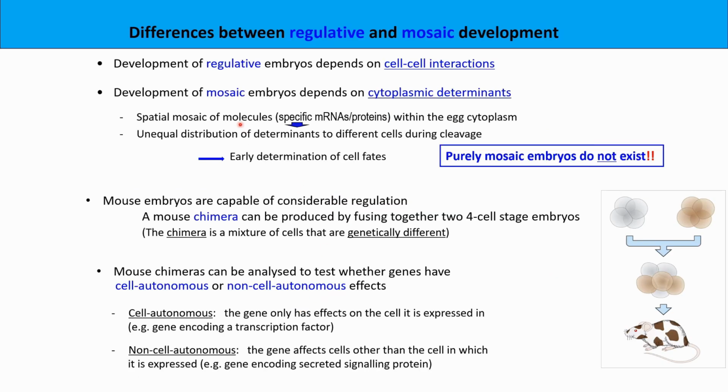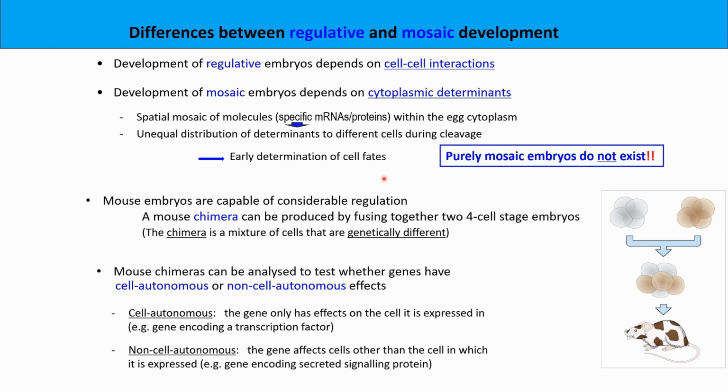We can briefly restate the differences between regulatory and mosaic development. Development of more regulative embryos depends on cell-cell interactions, while mosaic embryos depend on cytoplasmic determinants. There is a spatial mosaic of molecules, which can be mRNAs or proteins, within the egg cytoplasm, and these are unequally distributed to different cells during cleavage, which gives rise to daughter cells that have distinct identities.